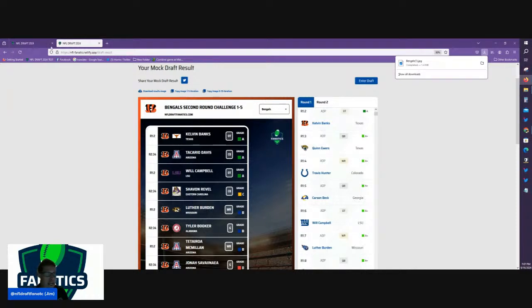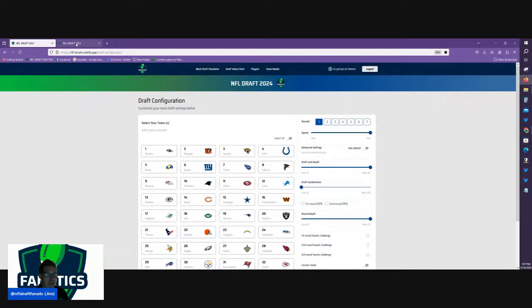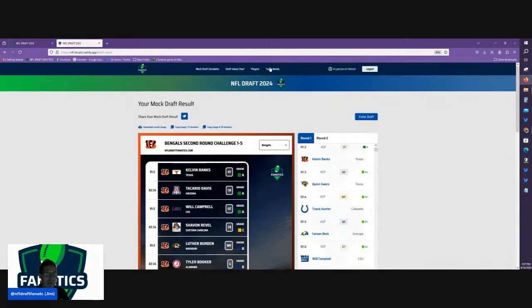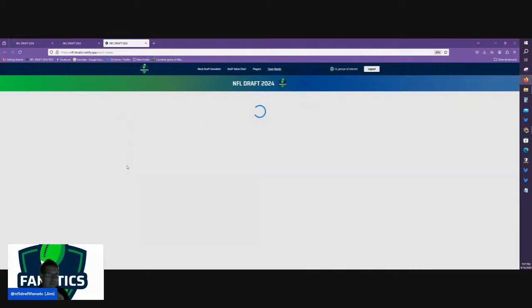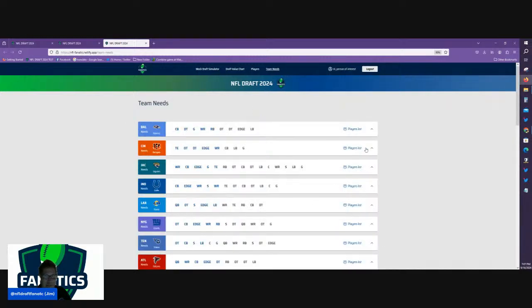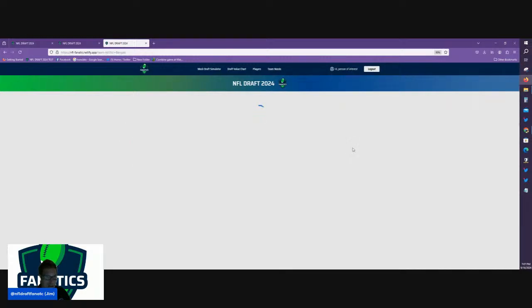Okay, so now that we have those, let's go up to team needs. And there's a player board for the Bengals. So we go to Cincinnati Bengals, we go to their player list.